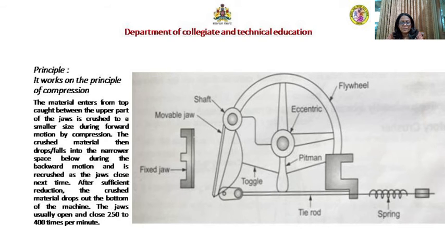So finally, when it is crushed enough to a smaller size, it drops down from between the jaws when the movable jaw is pushed backward. The opening and closing of the jaws occurs about 250 to 400 times per minute in a jaw crusher.